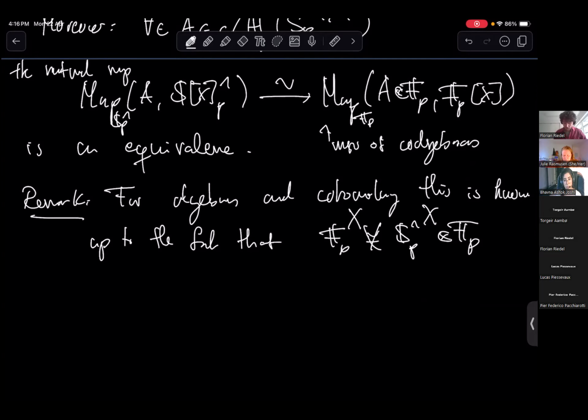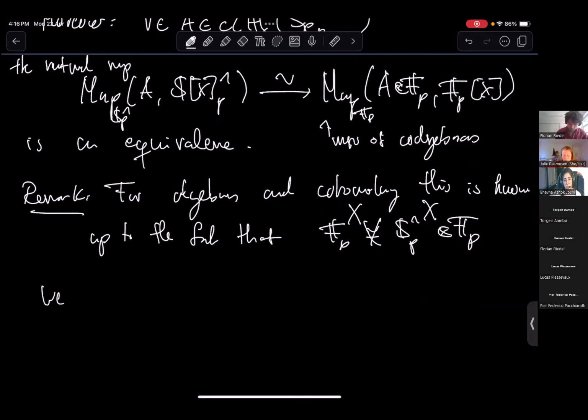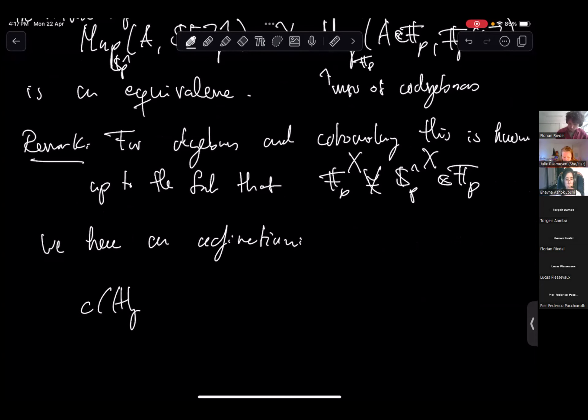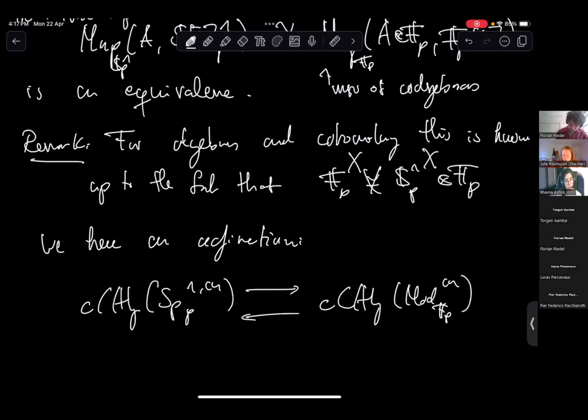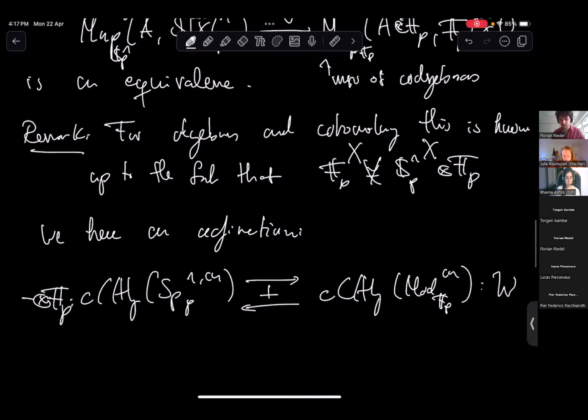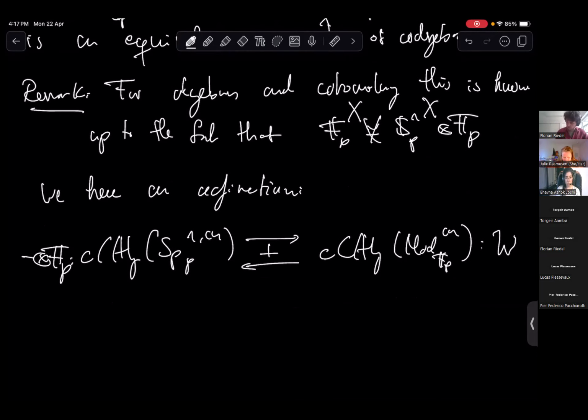One of the crucial insights here is that we have an adjunction from coalgebras in p-complete connective spectra to coalgebras in connective F_p modules, where the left adjoint is base change and the right adjoint I will denote W. It's an ugly W. And I call it W for two reasons.